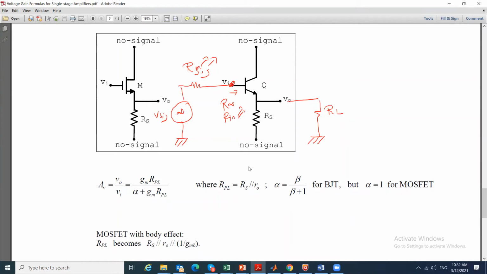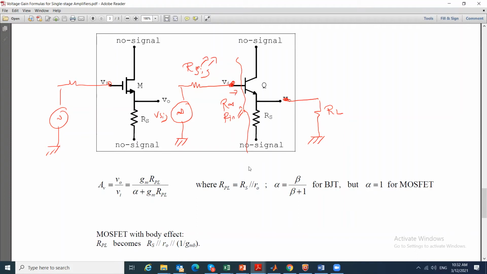If looking into this circuit has a large R, then most of the signal will really transfer to Vin, and then this amplifier will transfer the same Vin with a gain of 1 to this R load.